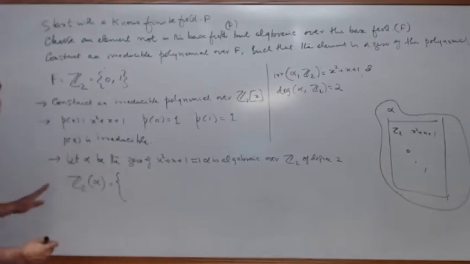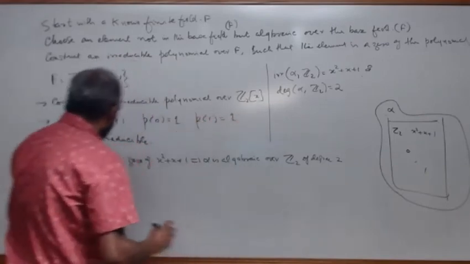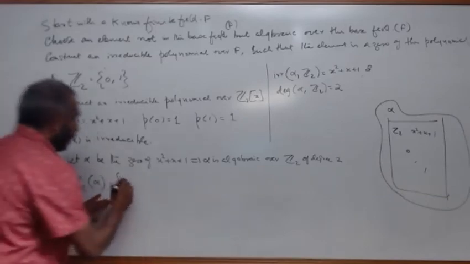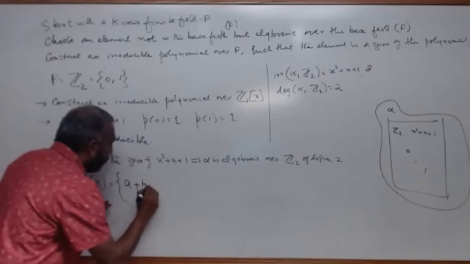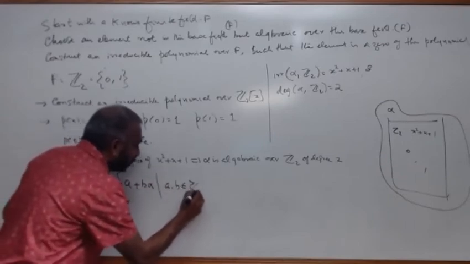So what can you say about it if alpha is algebraic over Z2? Then Z2(alpha) will always look like this: A plus B alpha, where A and B belong to Z2.